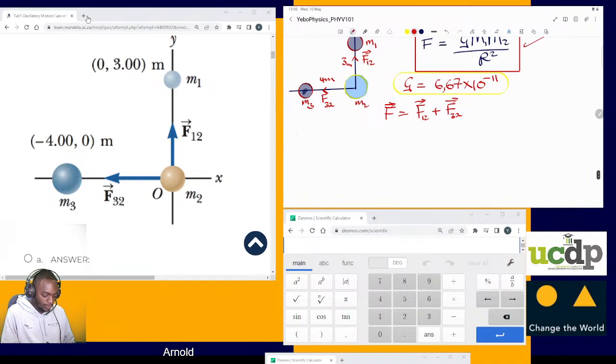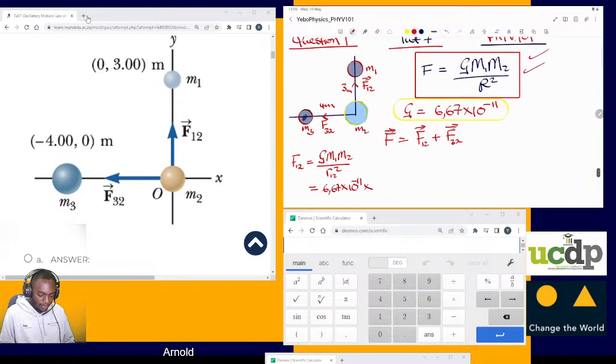So F1 on 2 will be equal to, let me put the constant G, G M1 M2 over R12 all squared, which is going to be equal to 6.67 times 10 to the negative 11, and M1 has been given.